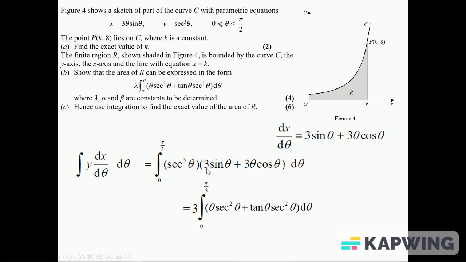And then also you'll have sec cubed times sine. So pinch one of the secs, make it into 1/cos, and 1/cos times sine gives tan theta, so you get tan theta sec squared. They've taken the 3 outside as a factor, making it look like that. And that's part B.